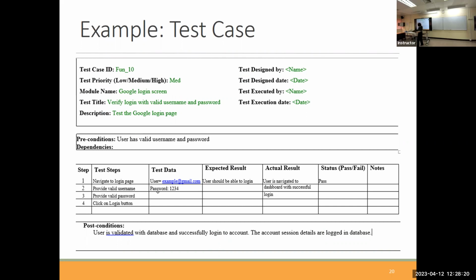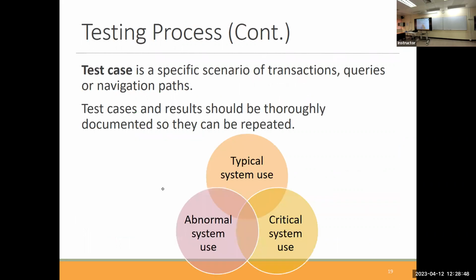And another scenario is that the user ID and password do not match. So these are typical scenarios that could happen for login. There may be some other ways. If you know about SQL injection and so on, there could be a way to really try to hack the system account through some techniques. And if you know those abnormal cases, try to detect this.